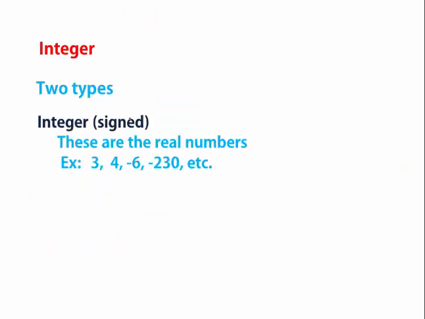Integer signed means these are real numbers, somewhere it's a minus, somewhere a plus. If there is no sign before them, we consider them as a plus. So we can say these are the integer type of numbers with their signs.